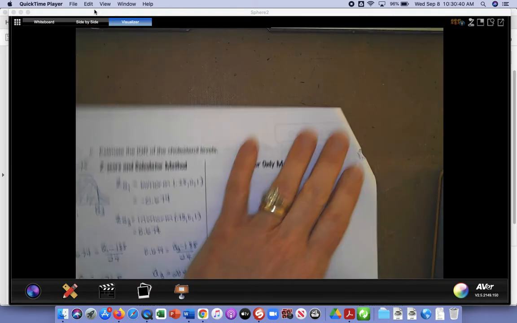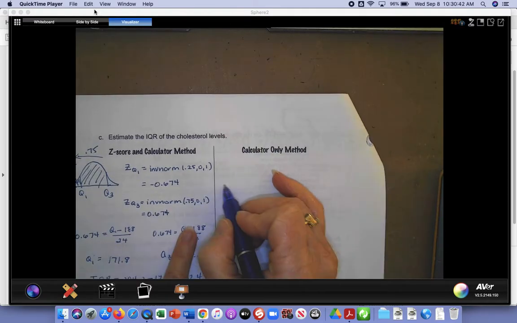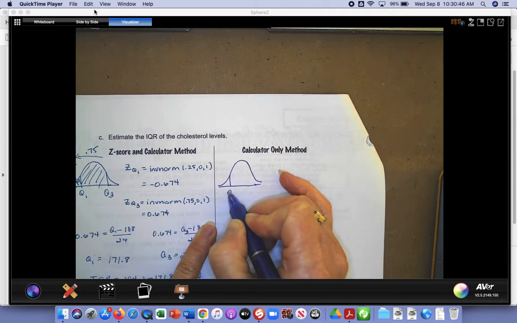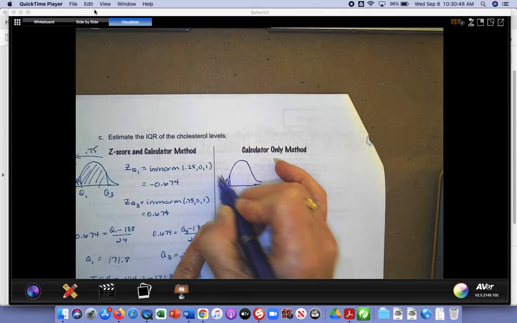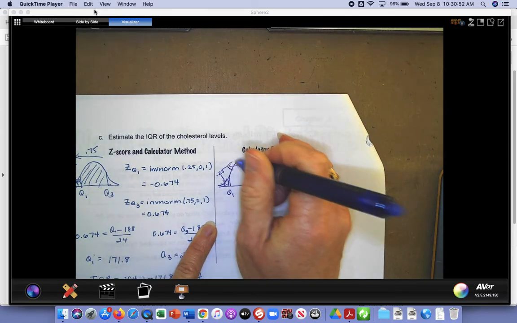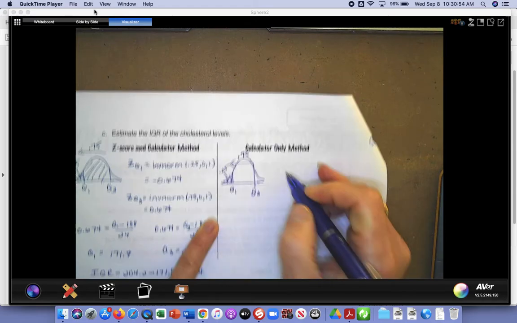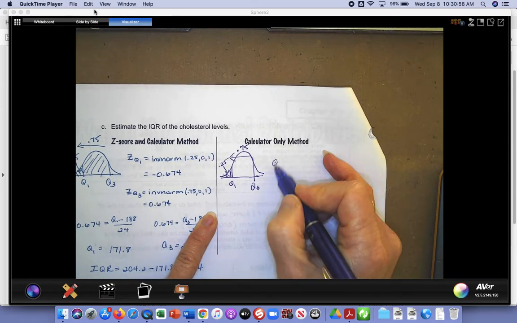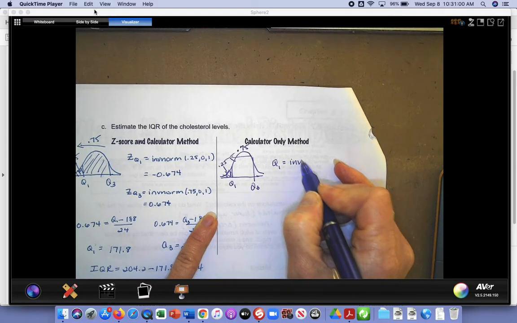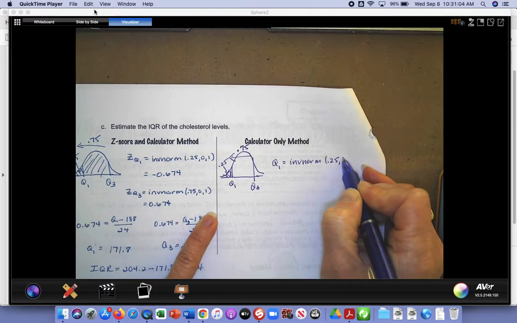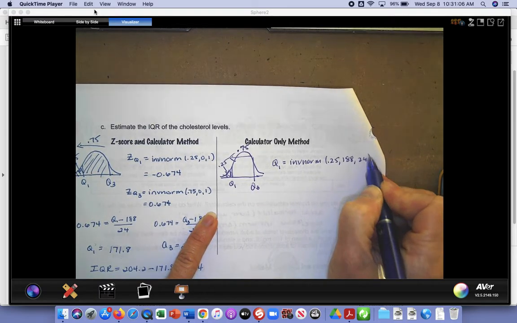And then the same thing back here in this one. Q1 still has that 0.25 to the left of it. Q3 has that 0.75 to the left of it. So to find the Q1 value, I would just do inverse norm, 0.25, 188, 24.